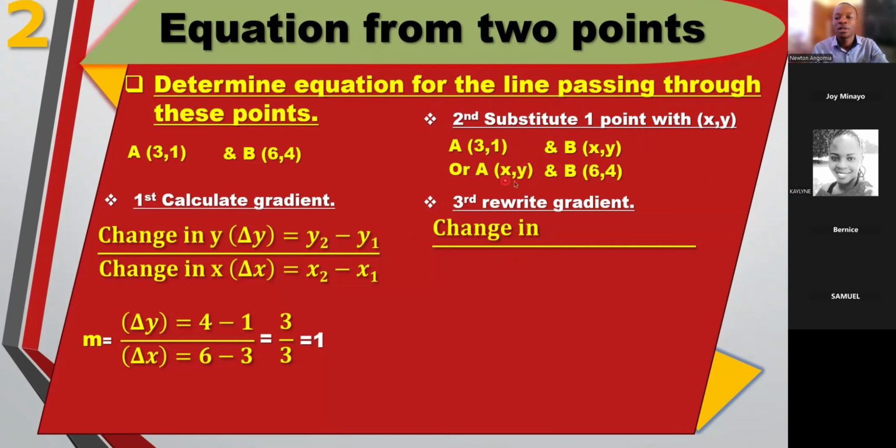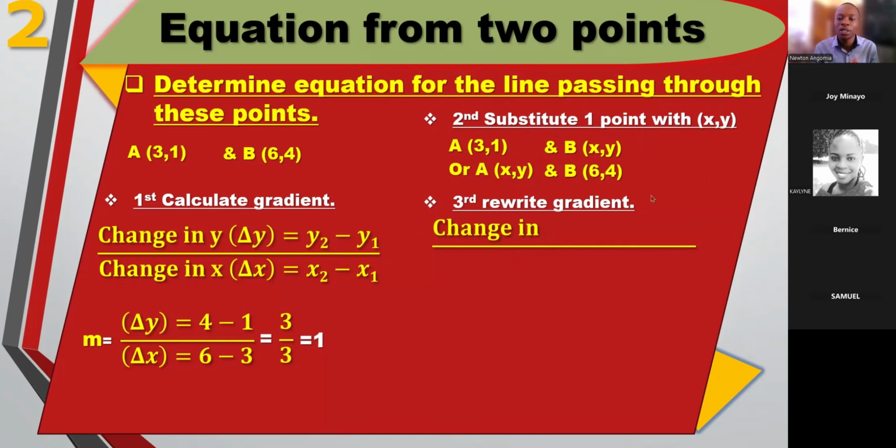The next point, you don't write its coordinates, but you just represent the coordinates in terms of x and y. So now you are going to algebra. You use the terms, not the numbers that you had been given.